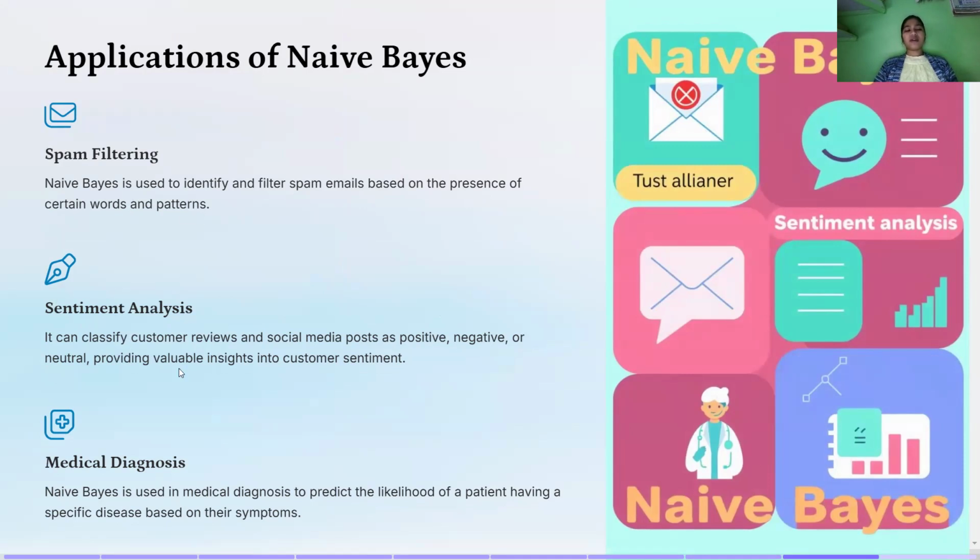It can classify customer reviews and social media posts as positive, negative, or neutral, providing valuable insights into customer sentiment. Medical diagnosis. Naive Bayes is used in medical diagnosis to predict the likelihood of a patient having a specific disease based on their symptoms.